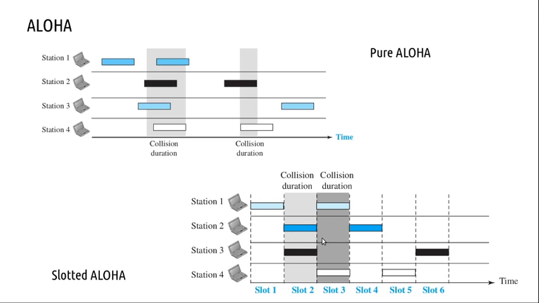This will reduce the number of collisions, but it makes the channel inefficient. It reduces collisions because if a station has data, it holds back and transmits only at its slot. But still there would be collisions.